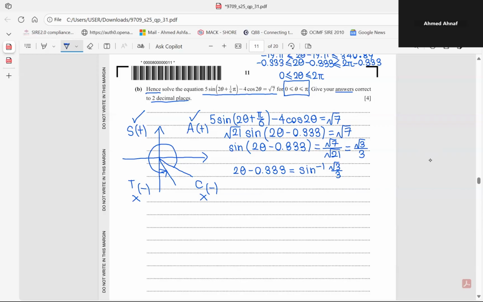Never mind, it doesn't. Let's just find θ. That's just half times sine inverse of √3 over 3 plus 0.333. So we'll get 0.474 to 3 significant figures.